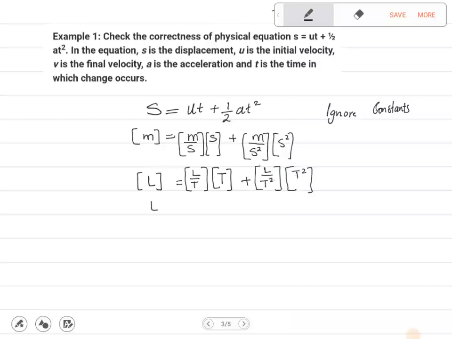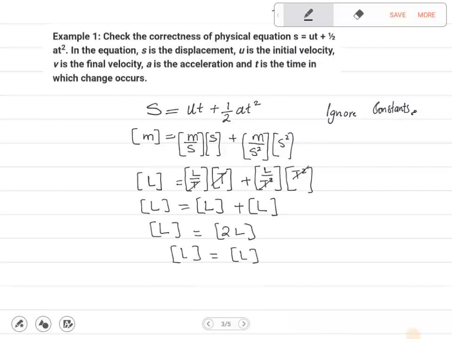So we are saying L is equal to this T and that T, they cancel, leaving L. Plus this T squared and T squared, they cancel, leaving L. So L is equal to L plus L, which is 2L. Now remember this point, ignore constants. This means L equals L. So this equation is correct.